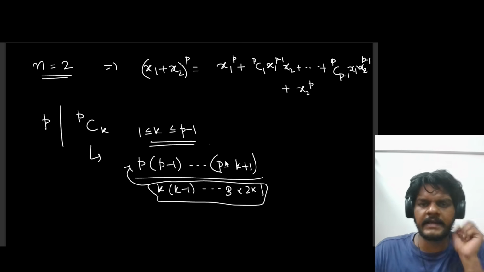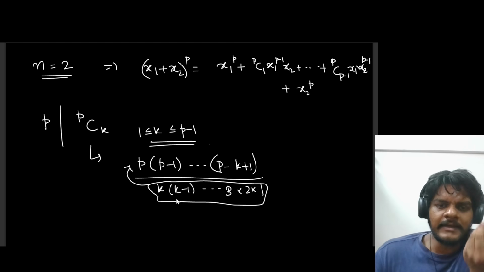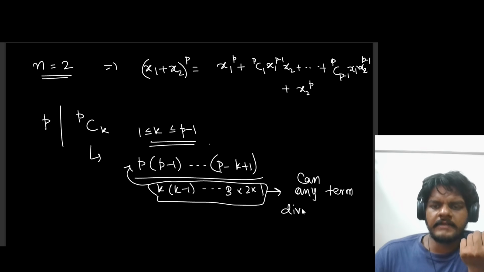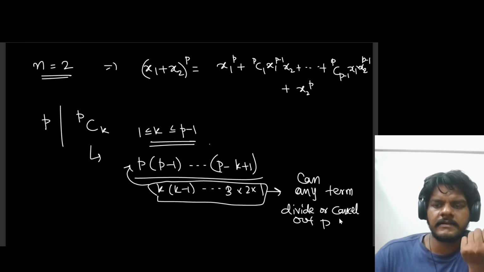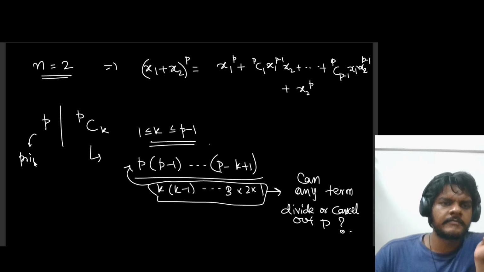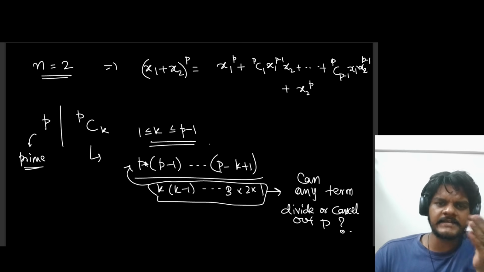All of this has to be cancelled out. Can any term from the denominator divide or cancel out p? If p is a prime number, this is prime. Can any of this cancel out p?